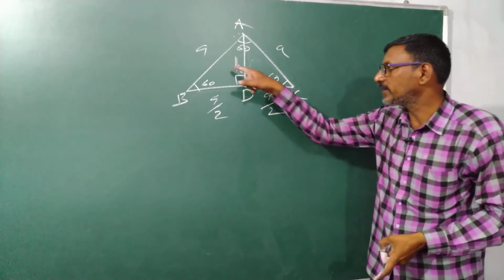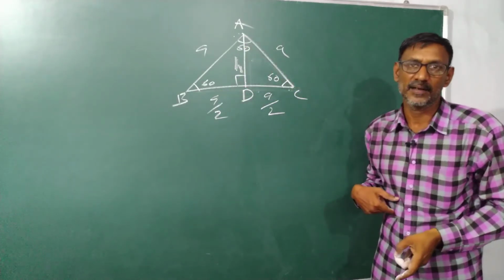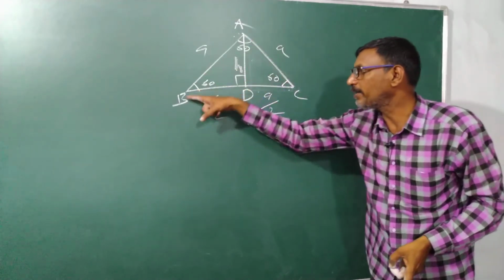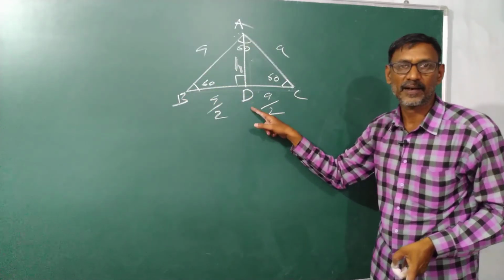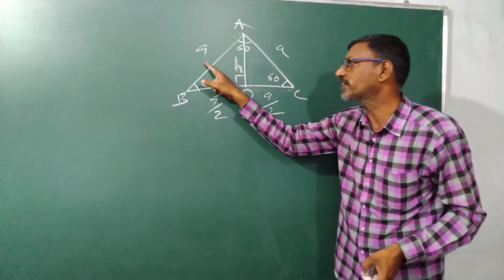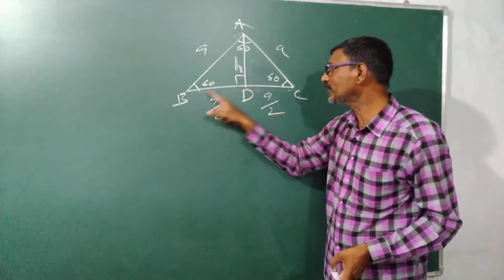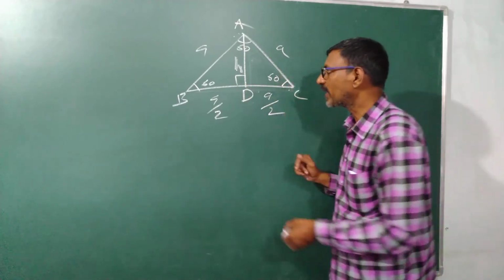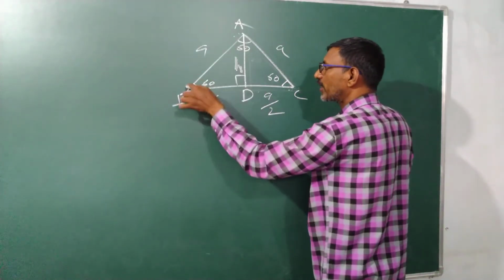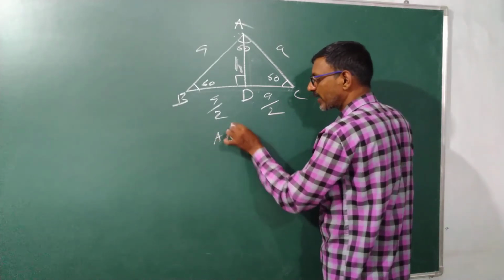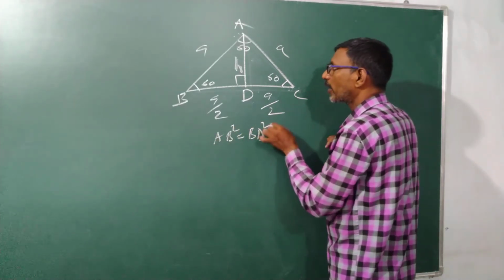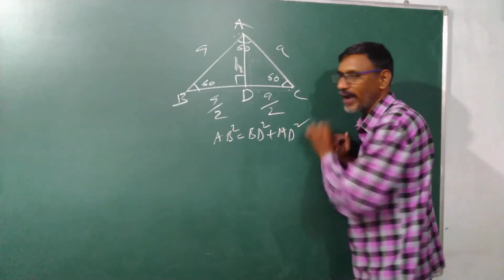See here, this is my right angle triangle, in which AB square is equal to BD square plus AD square. In this right angle triangle, this is the hypotenuse. These two are perpendicular sides. Pythagoras says that hypotenuse square is equal to the sum of the squares of the other two sides. Therefore, AB square is equal to BD square plus AD square.